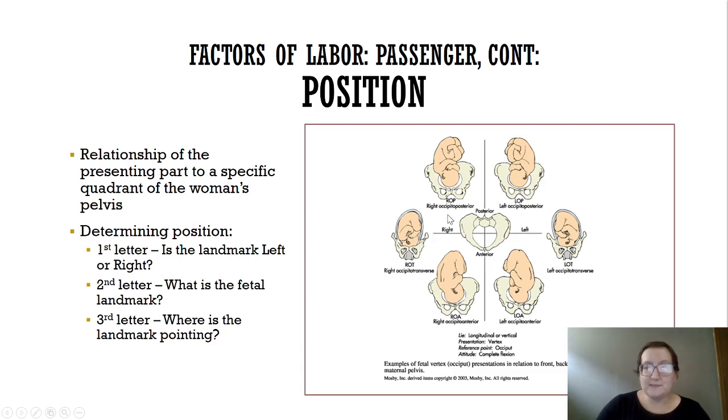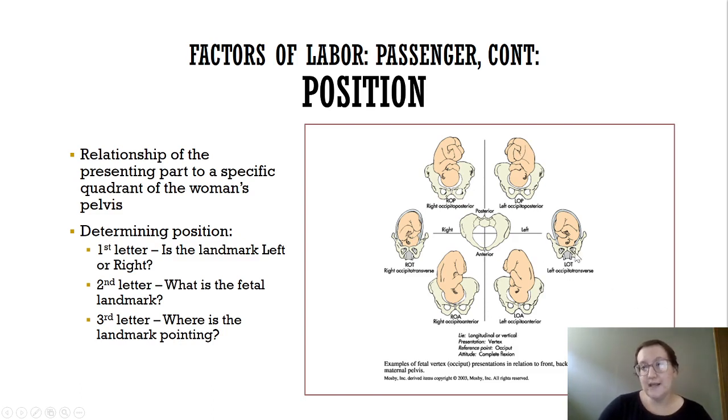The right occiput posterior and the left occiput posterior, if the baby decides to enter the pelvic inlet in that way, and the provider assesses that the position of the baby is ROP, okay, now this part of the pelvis down by where the pubic symphysis is a little bit more narrow, and that may make things a little bit more difficult.